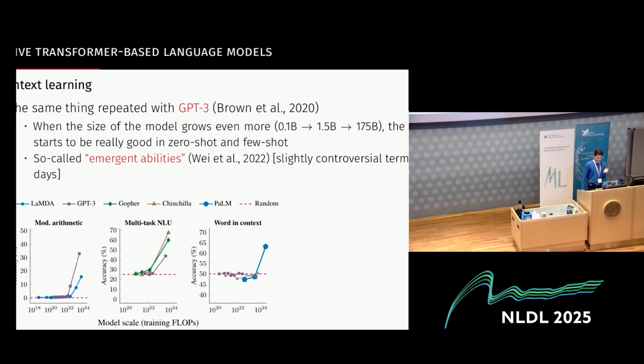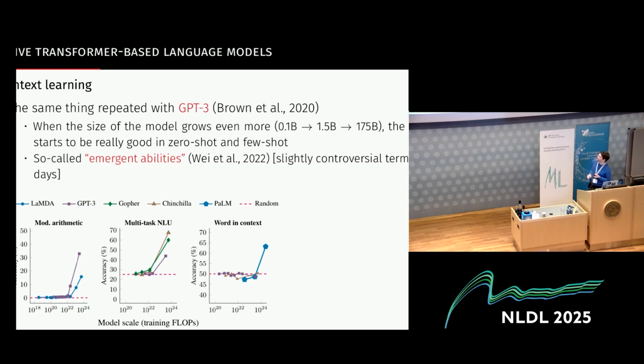Sometimes you can also hear the term emergent abilities, which describes this behavior: at smaller sizes, these models are not able to do in-context learning, but then suddenly, at some point, the performance jumps up, and suddenly the models are very good at doing tasks without actually being trained on these tasks.